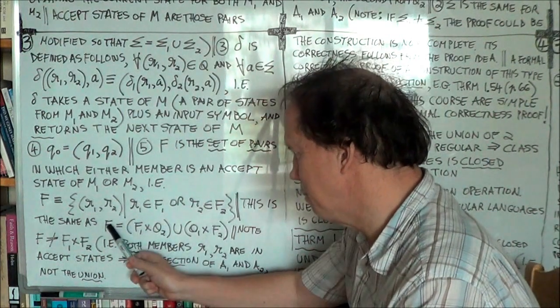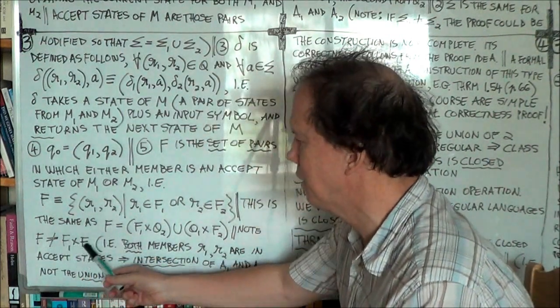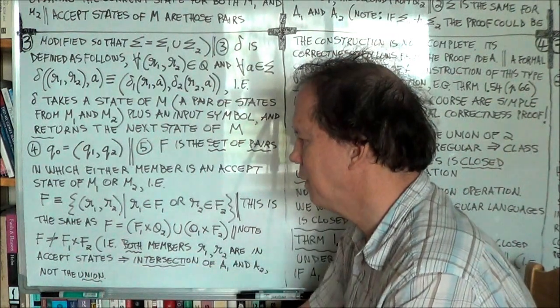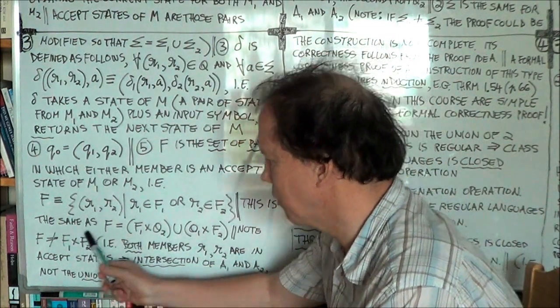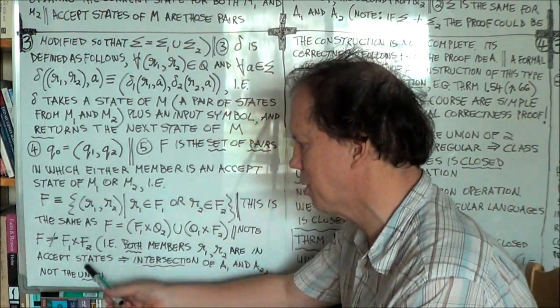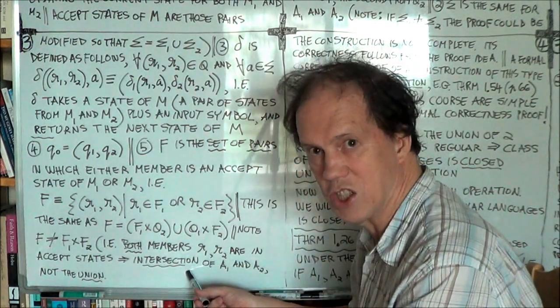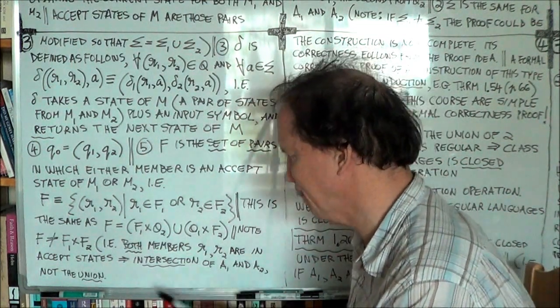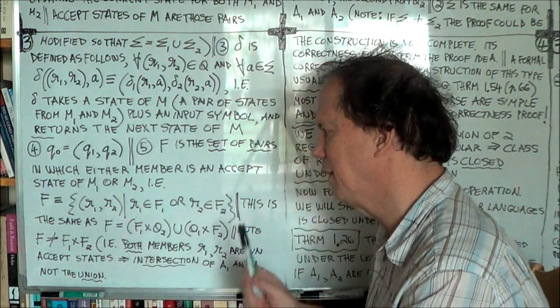All right. Now note that this F is not just the Cartesian product of F1 and F2. Because if it were, then your operation wouldn't be the union. You'd be talking about the intersection of these two languages. Have a think about that.